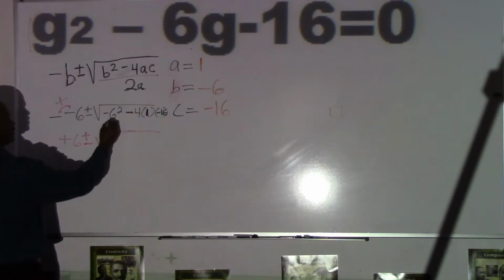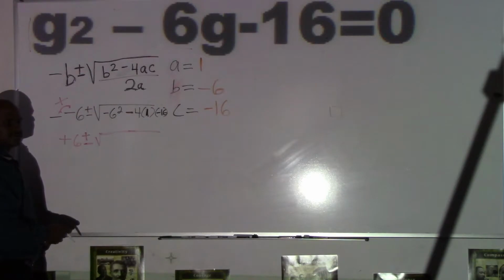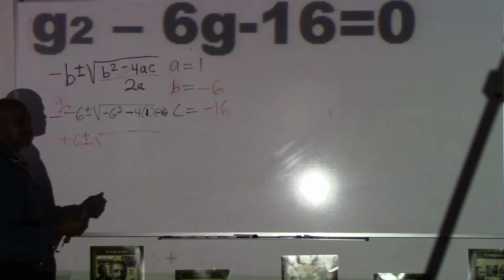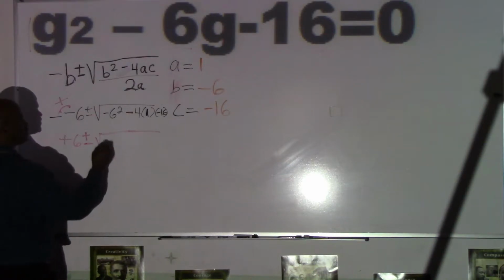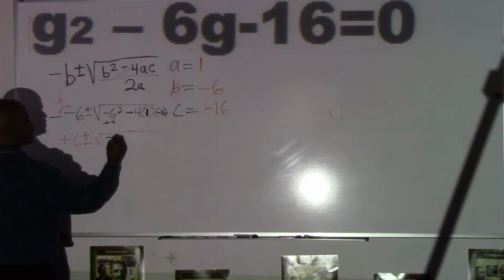Negative 6 squared is the same thing as what? Positive 36, since negative 6 times negative 6 is positive. So we have 36.